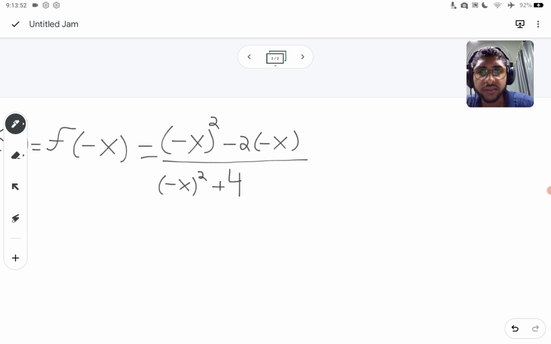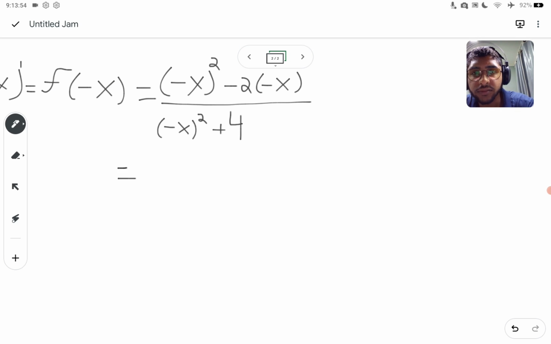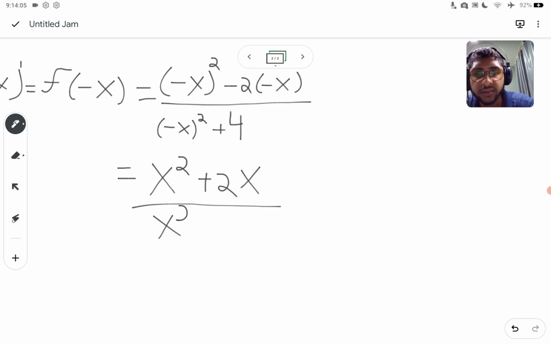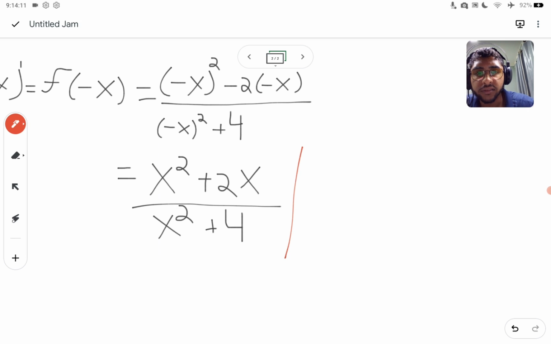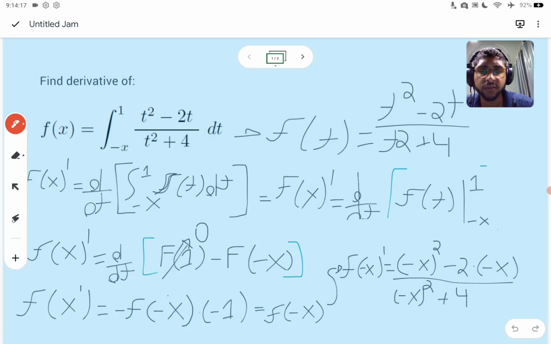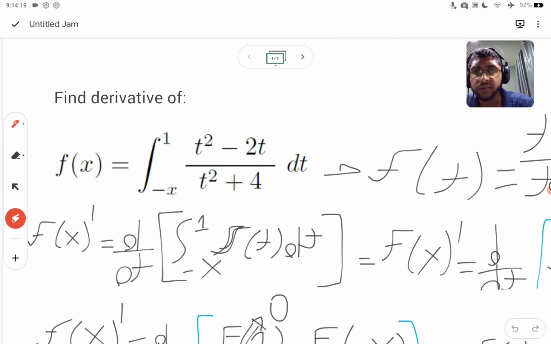And what we can do here is place equal to x squared plus 2x over x squared plus 4, and this is our final answer for this question. This is what the question requested of us at the beginning of this video. This is the derivative.